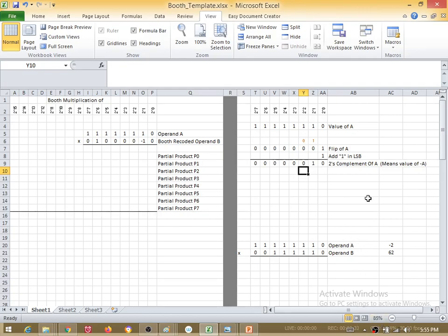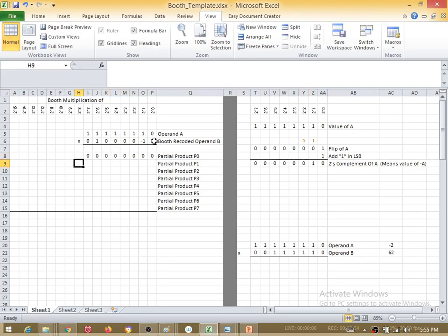So now let's start the process of figuring out the partial products. I have operand A multiplied with a 0, so my first partial product is simply going to be 8 zeros.